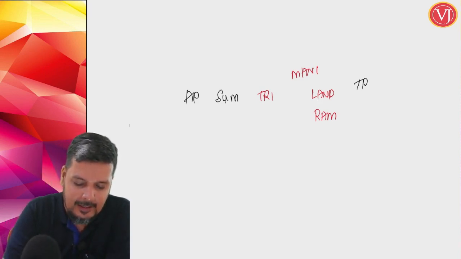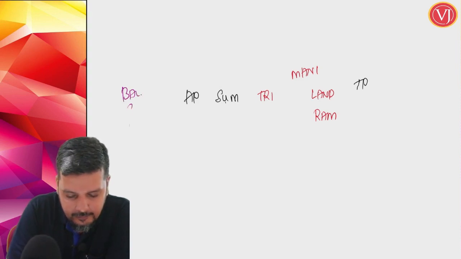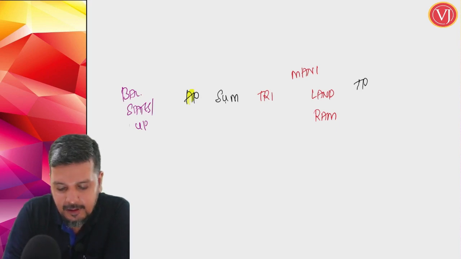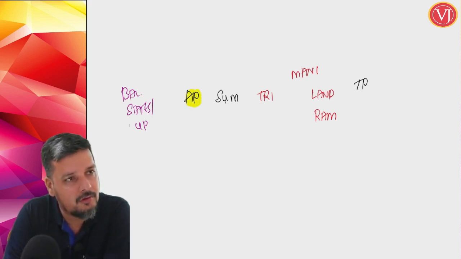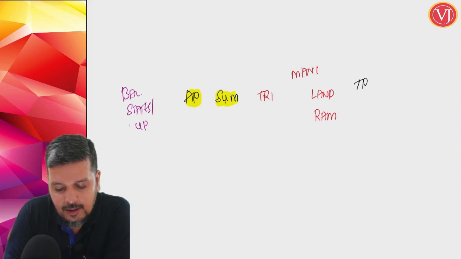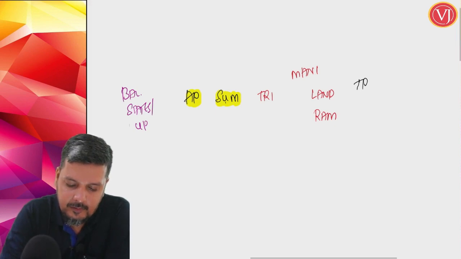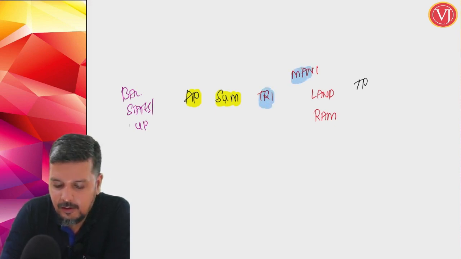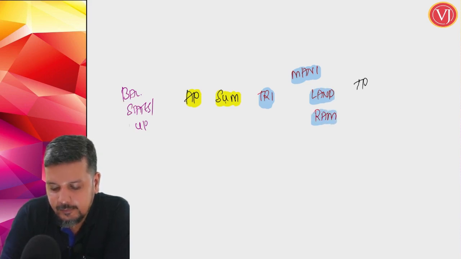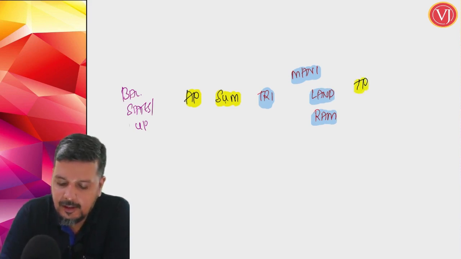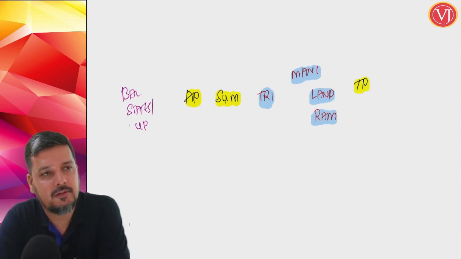Then you have the balance states or union territories. Now, what is Apni politics? Arunachal Pradesh, Sikkim, Uttarakhand, Meghalaya, Tripura, Manipur, Nagaland, Mizoram, Telangana, and Puducherry.